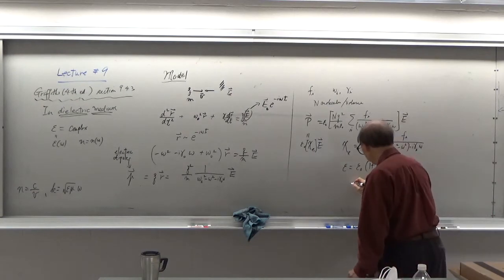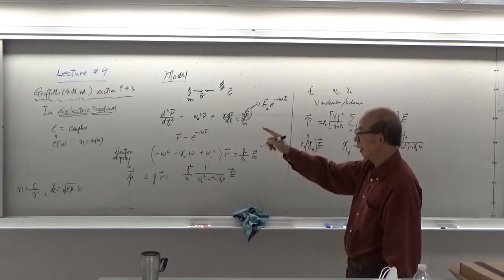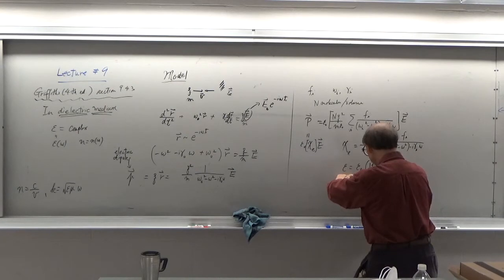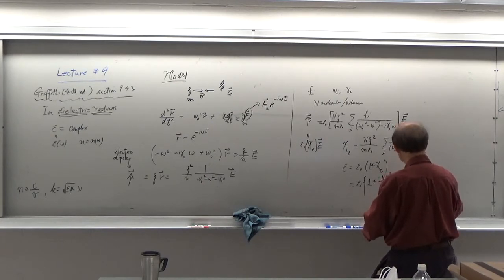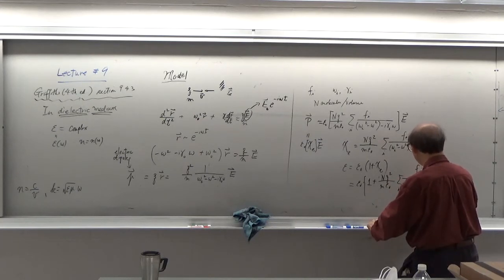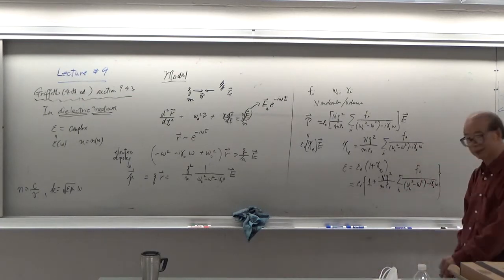So that the permittivity for this dielectric medium that we are talking about is equal to epsilon naught times one plus this N q squared divided by m epsilon naught, sum over I of Fi divided by omega I squared minus omega squared minus i gamma I omega. It's that.